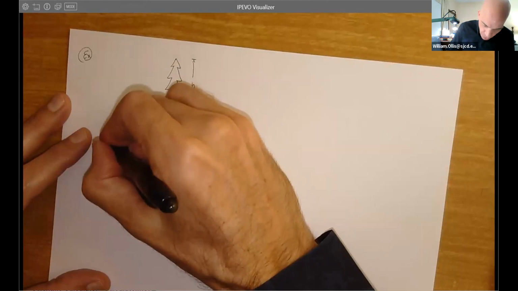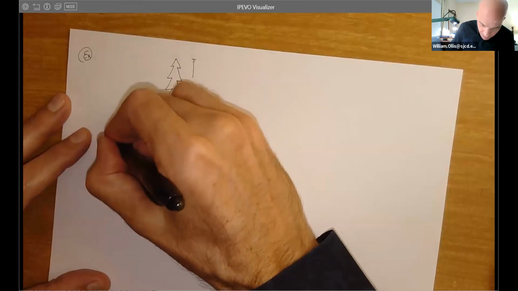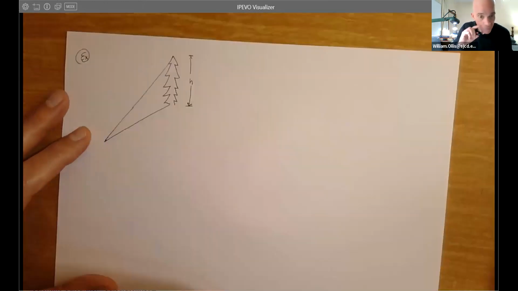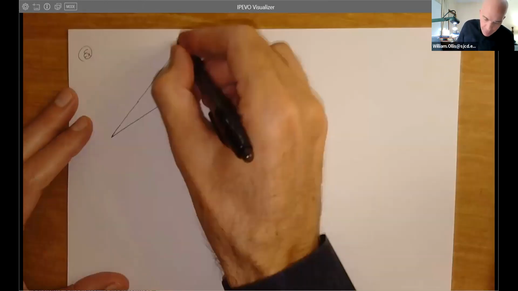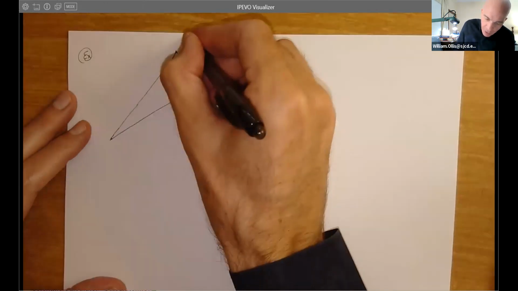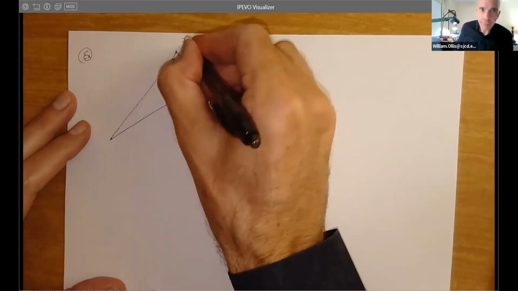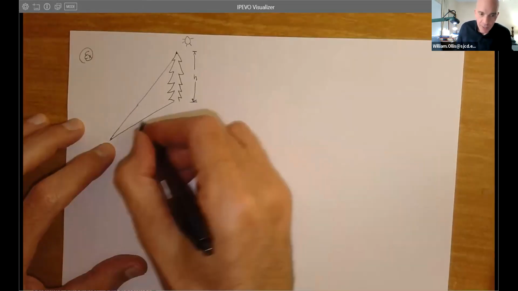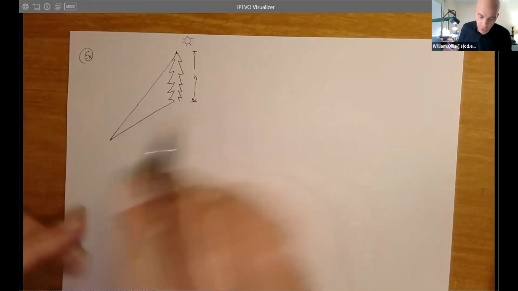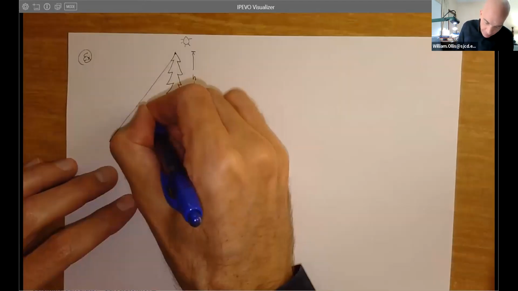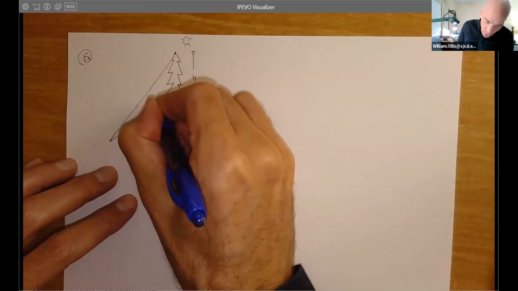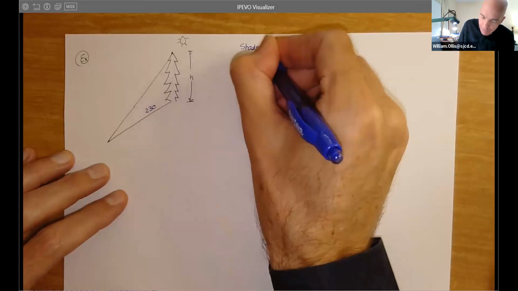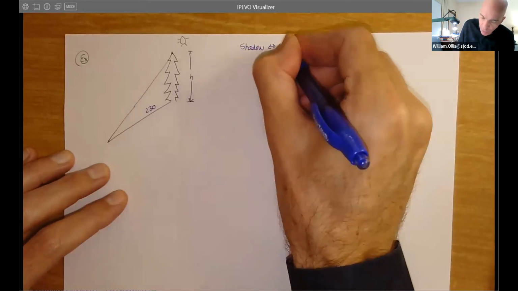So it creates another triangle, to the top of the tree. You've got the sun up here shining, and it creates a shadow, and the shadow length is right here, and the shadow length is 230 feet. So we'll say shadow 230 feet.